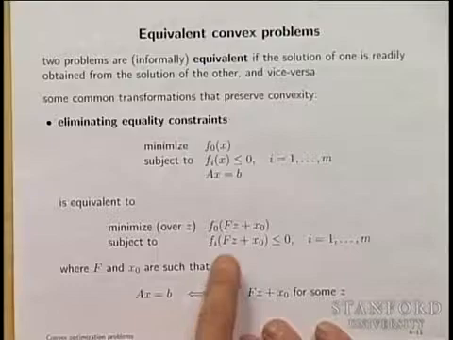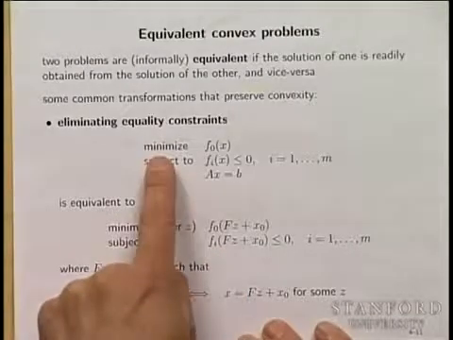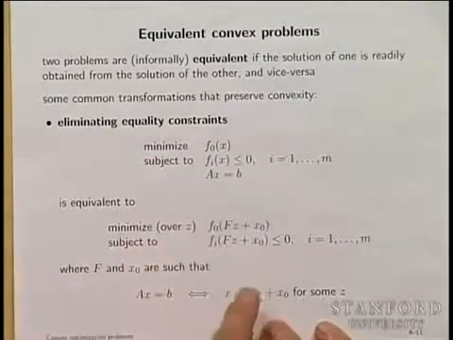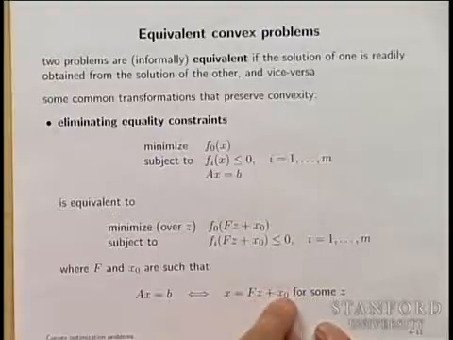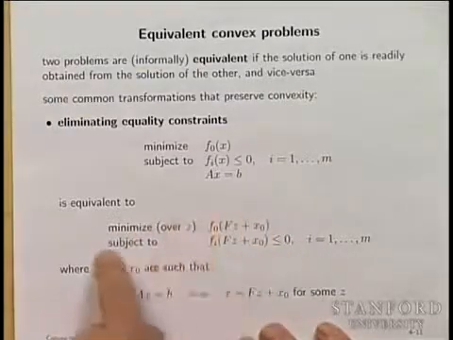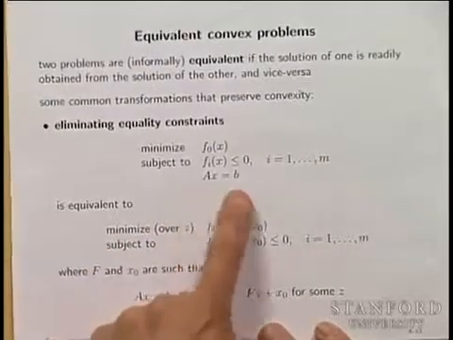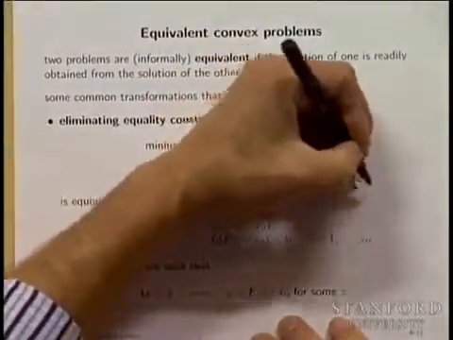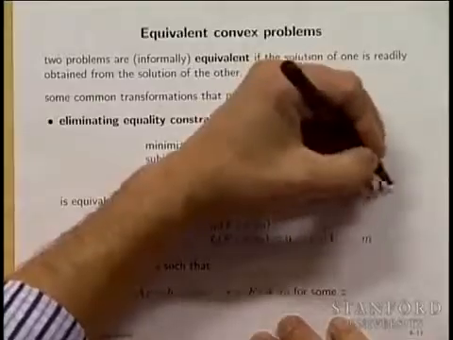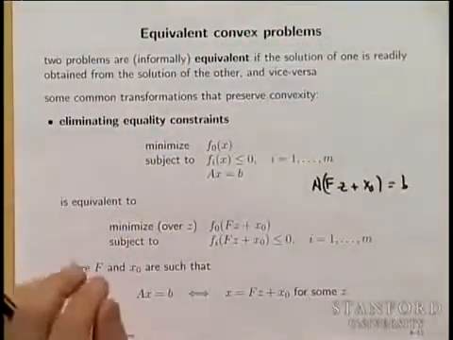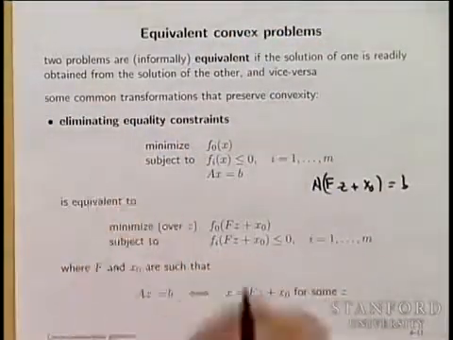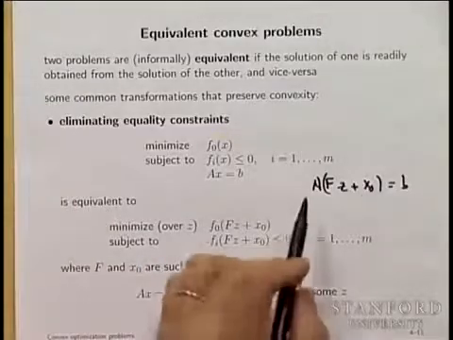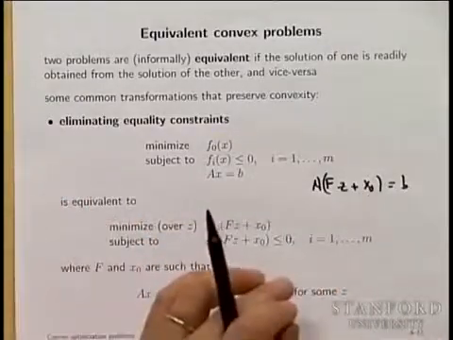If it's a minimal one, you could say something about the size of these things, but that's just linear algebra. So what I'll do now is make a new problem, which is this. I'll just take x equals Fz plus x0, and I get this problem here. I don't need this constraint because A(Fz plus x0) is equal to b for all z automatically, because AF is 0. That's how you constructed F. And Ax0 is b. That's how you constructed x0.